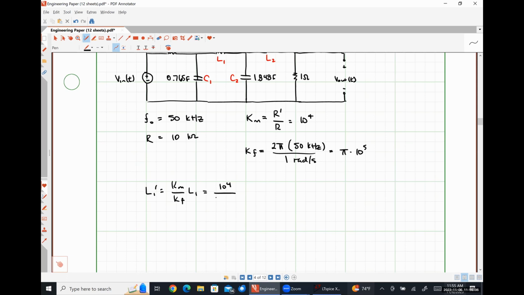So that's 10 to the 4 over pi times 10 to the 5 multiplied by 1.848 gives us 58.824 millihenries, a much more reasonable inductance value. Ten thousand divided by 1 is 10 to the 4. 10 to the 3 would be 1,000, right?